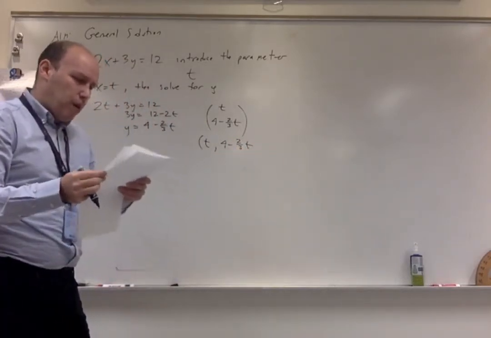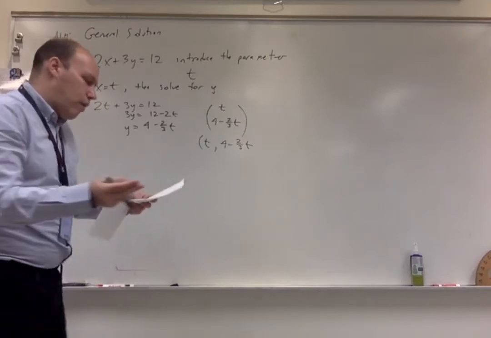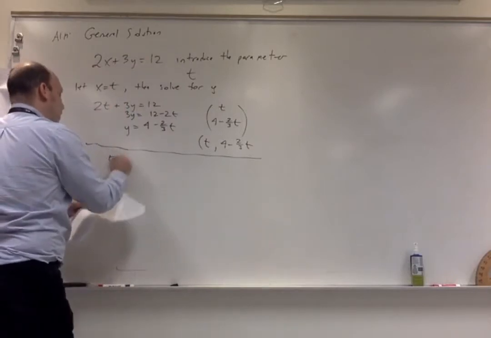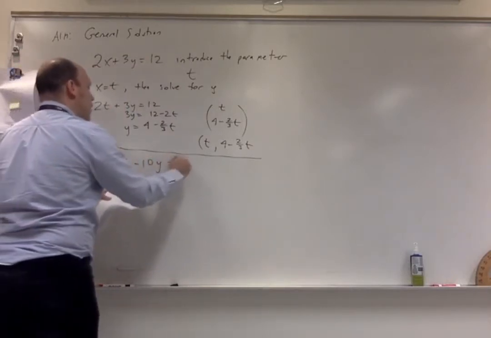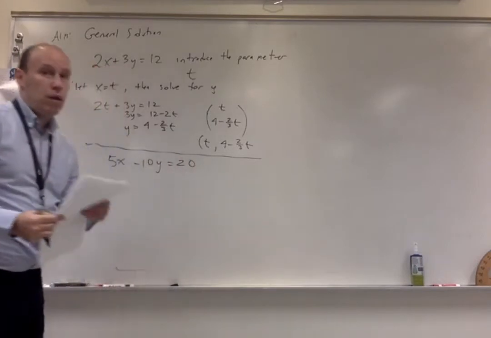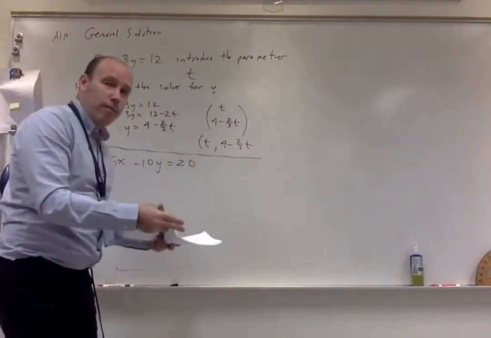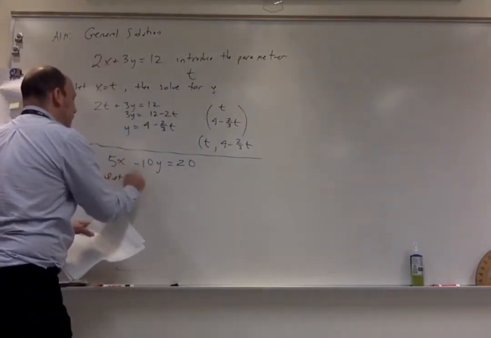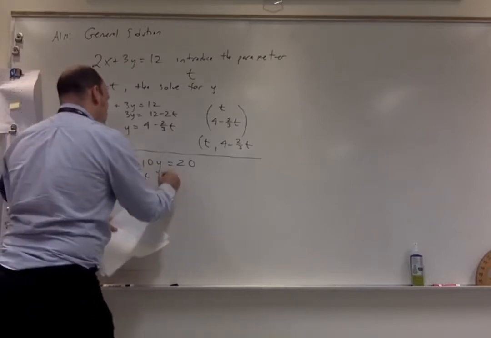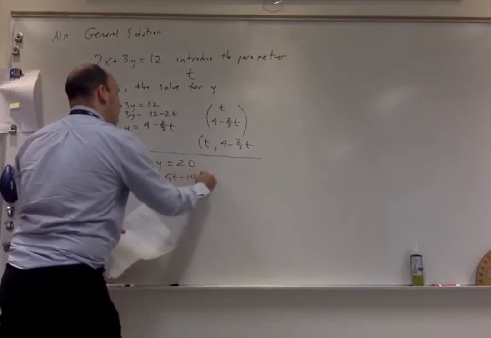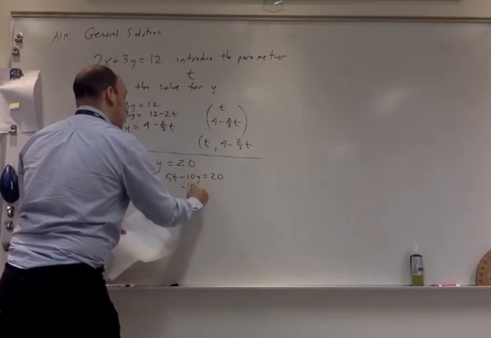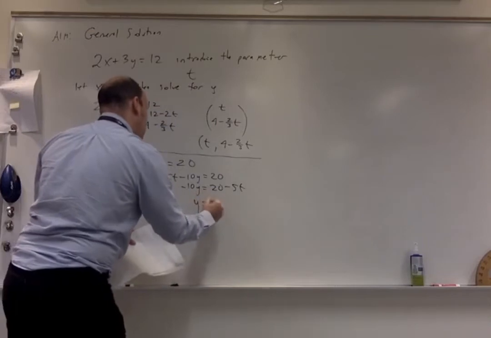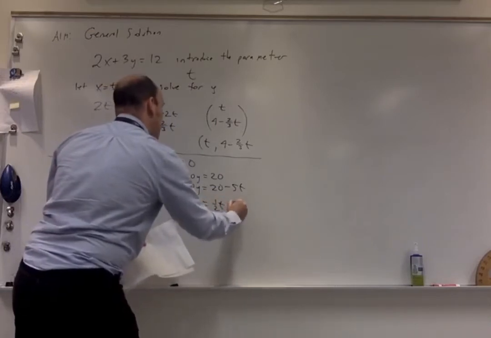Try this one on your own. Find the general solution of the equation 5x minus 10y equals 20. Same idea. So why don't you think about that. We're going to let x equal t, and therefore 5t minus 10y equals 20, negative 10y equals 20 minus 5t, and we get y equals 1/2 t plus 2.